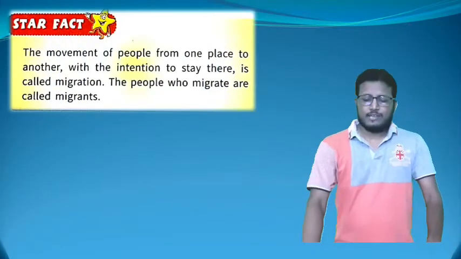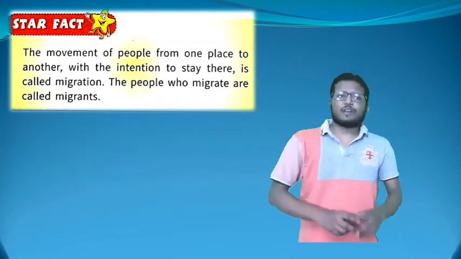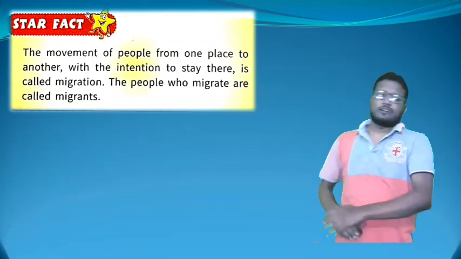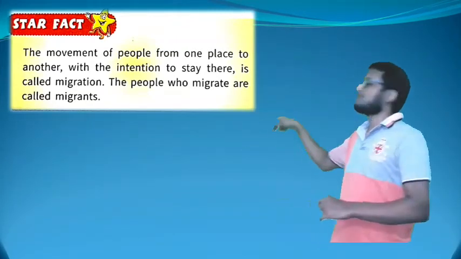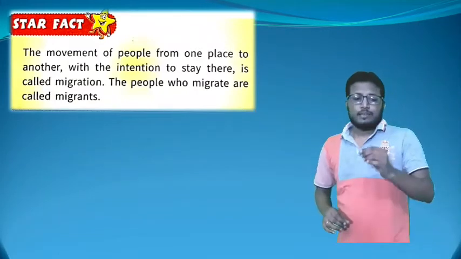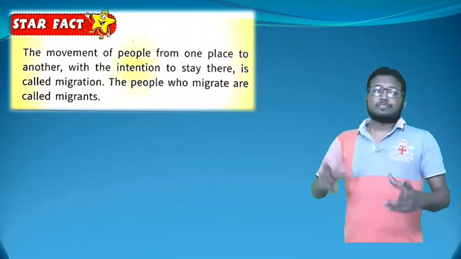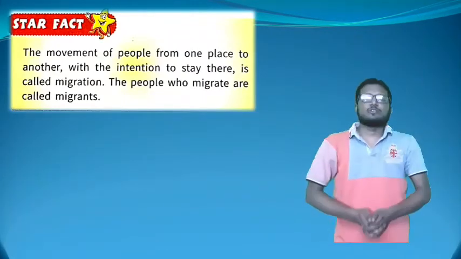And after that, some star facts are there in your book. That star fact I have also brought here. So now we are going to know about these two words, migrant and migration. Migration and migrant, these two words are very interrelated. So let's know about that.